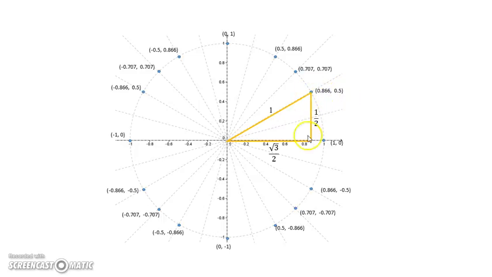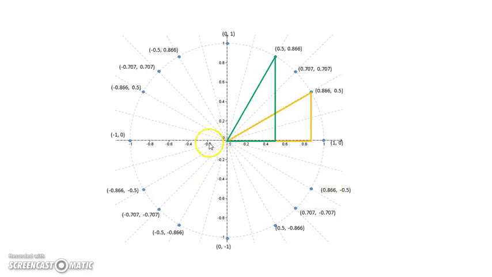Now this yellow triangle is congruent to these 3 other yellow triangles, and all 4 triangles are 30 degrees from the x-axis. So the coordinates at these 3 other points are the same as in this reference angle in the first quadrant. So 0.866, 0.5, and then the others are the same, just with the positives and negatives flipping around.